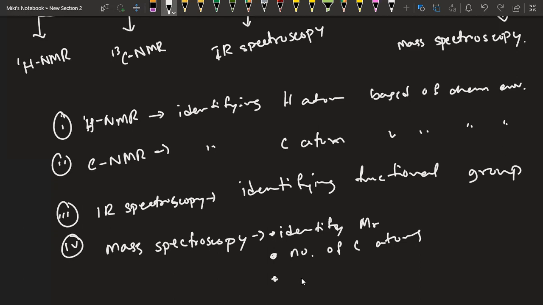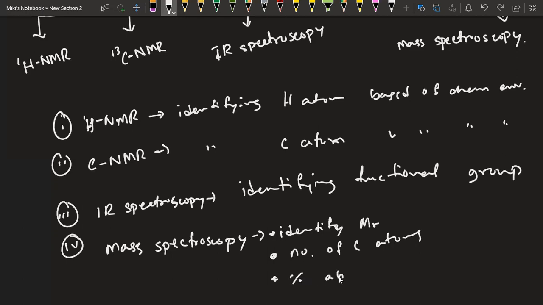Now, what does this percentage abundance of isotopes mean? That means which isotope is in which portion. Is there carbon-12, carbon-13, like which isotope is here? That will help us.